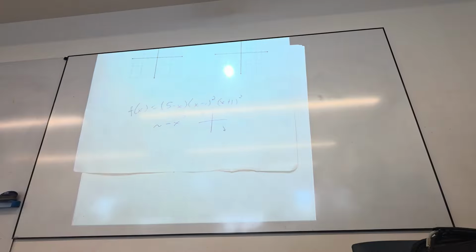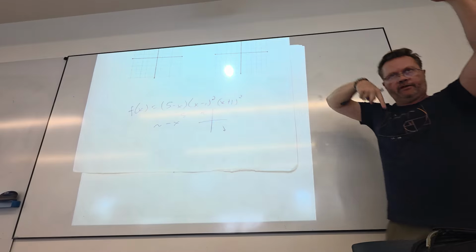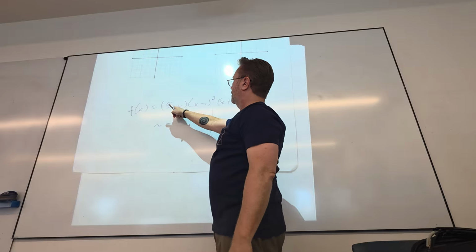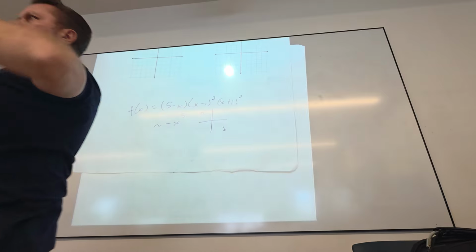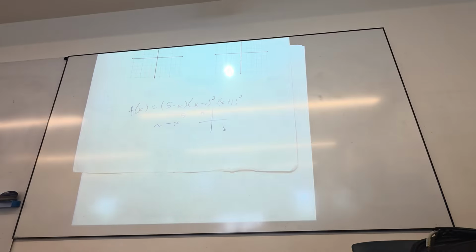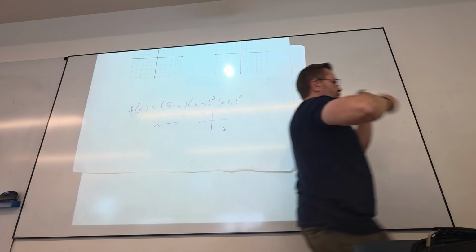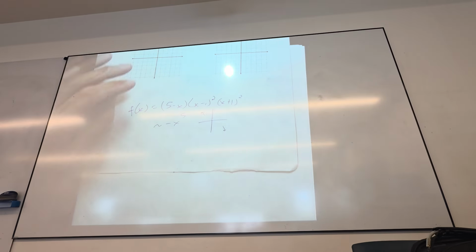because the negative is on the outside of the x, I would flip it around the x-axis. And then if we had negative x within squared, that would go back. Now we're getting into territory where you wouldn't necessarily see this.